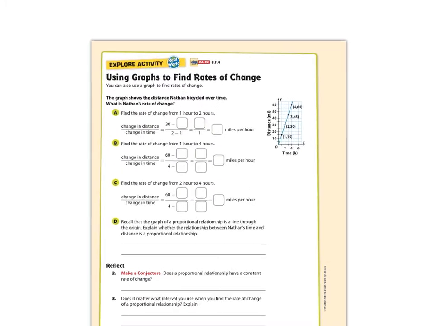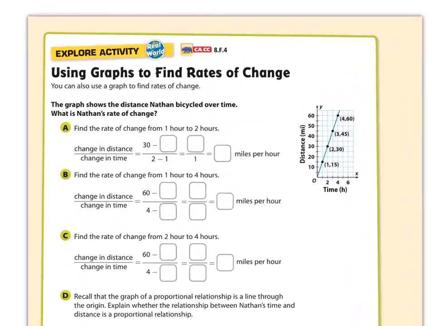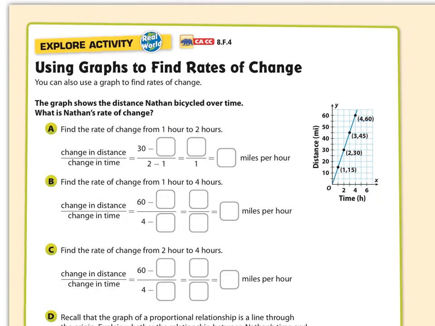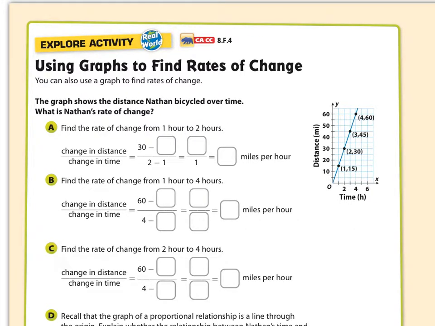Okay, this explore activity has you looking at a graph and finding rate of change. It's going to be very, very similar because we can easily put these points into a table and do the same thing.